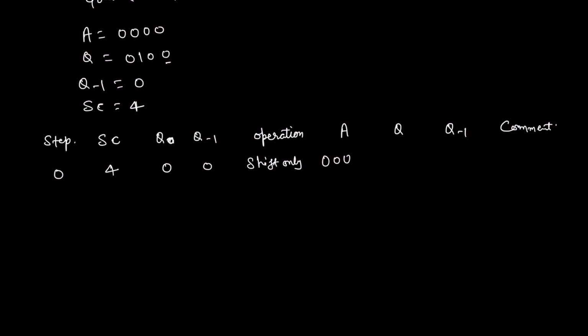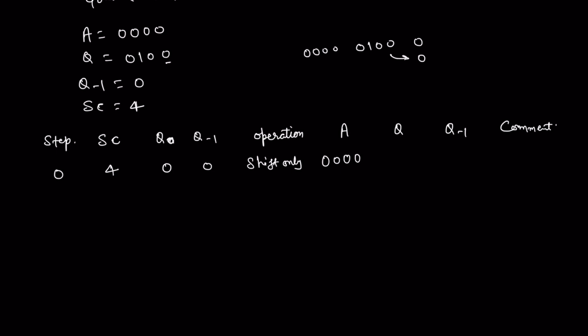Accumulator is 0 0 0 0 and Q is 0100, Q minus 1 is 0. So we have to shift one to the right, arithmetic right shift.